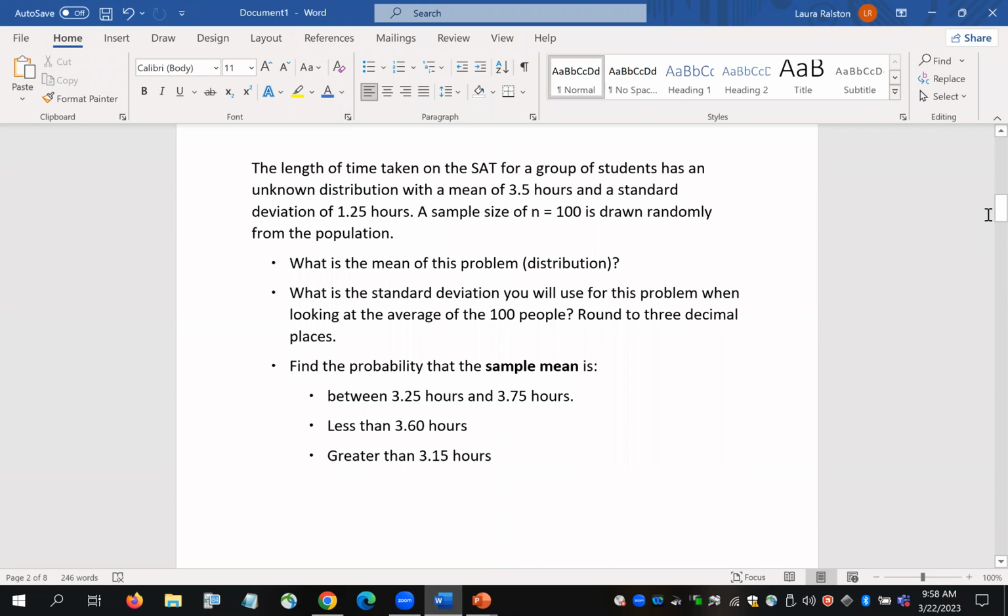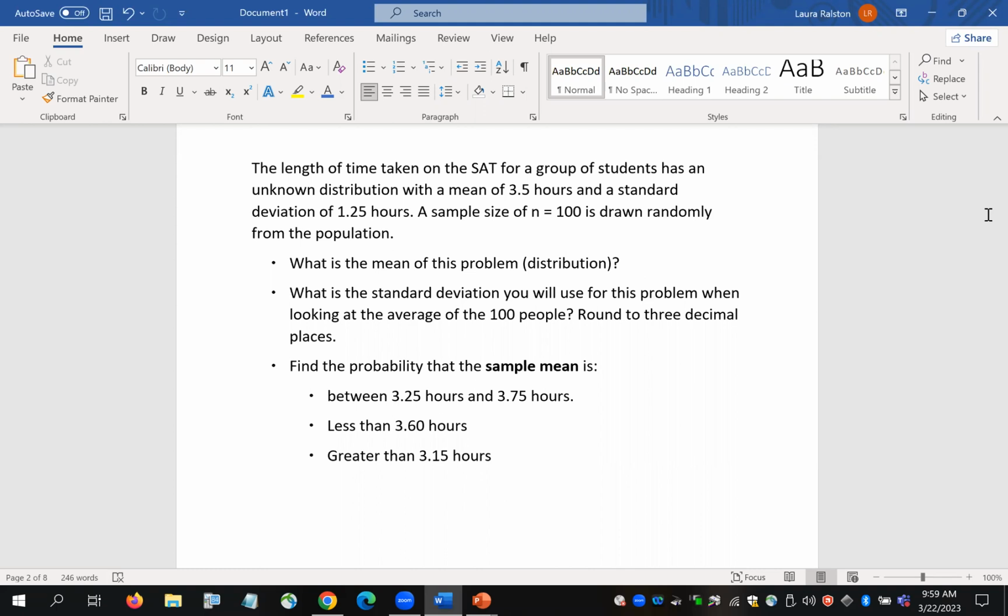Okay, so the first example related to central limit theorem of the mean says, the length of time taken on the SAT for a group of students has an unknown distribution with a mean of 3.5 hours and a standard deviation of 1.25 hours. A sample size of n equals 100 is drawn randomly from the population.